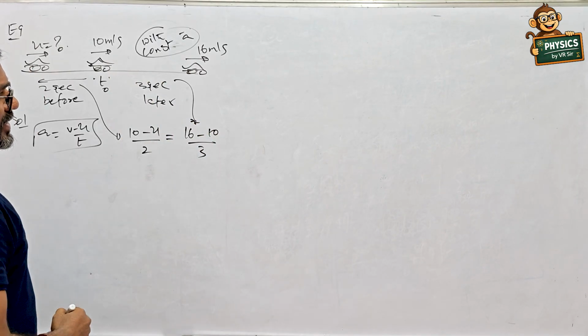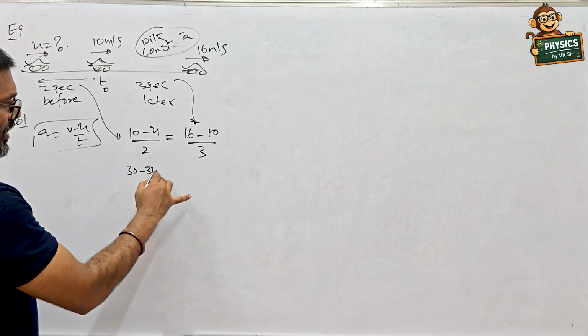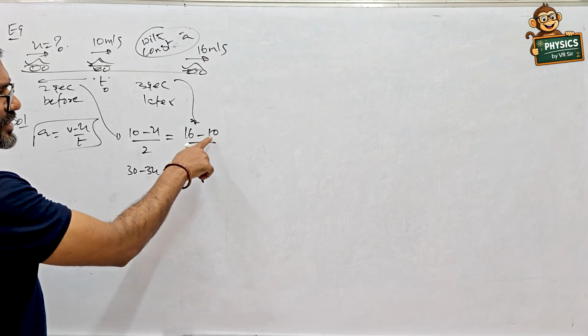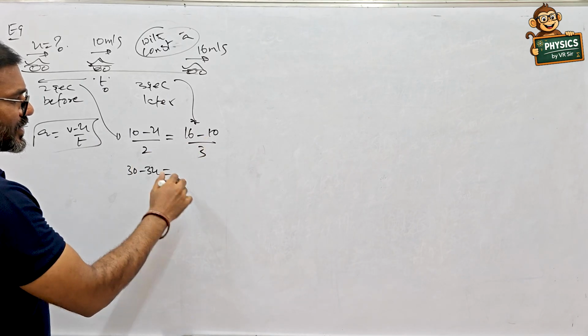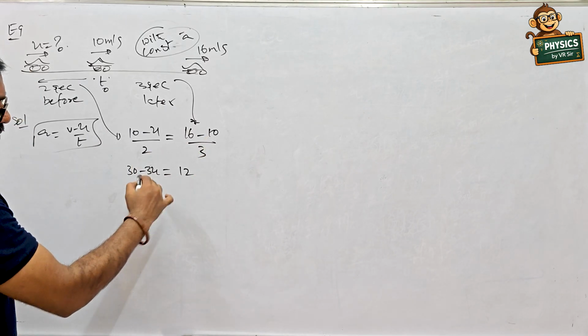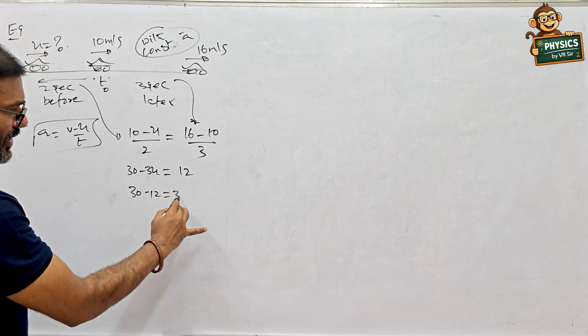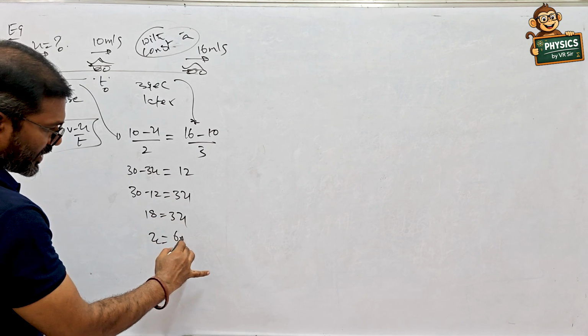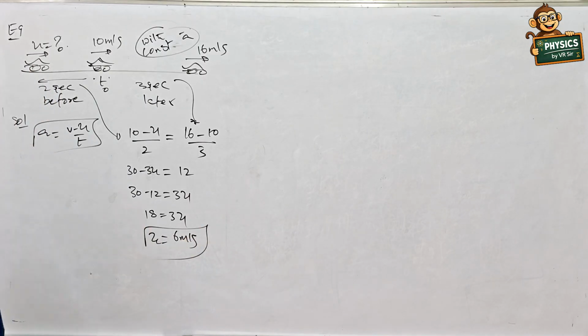So when you cross multiply, what happened here? It's 30 minus 3u is equivalent to, how much is 16 minus 10? It's 6. So 6 into 2, 12. When you bring this 12, 30 minus 12 is equivalent to 3u, and 18 is equivalent to 3u, and u is equivalent to 6 meters per second.